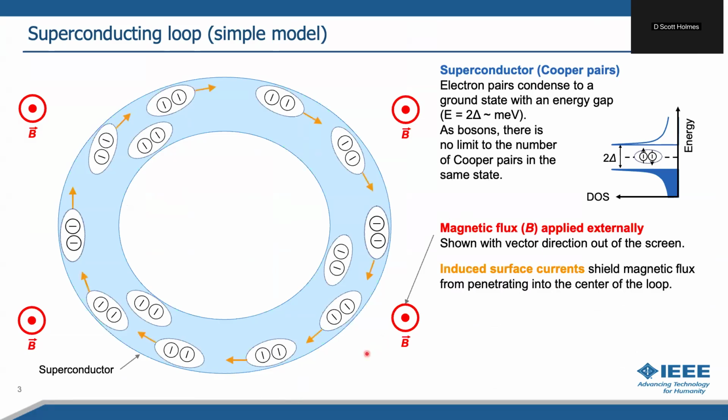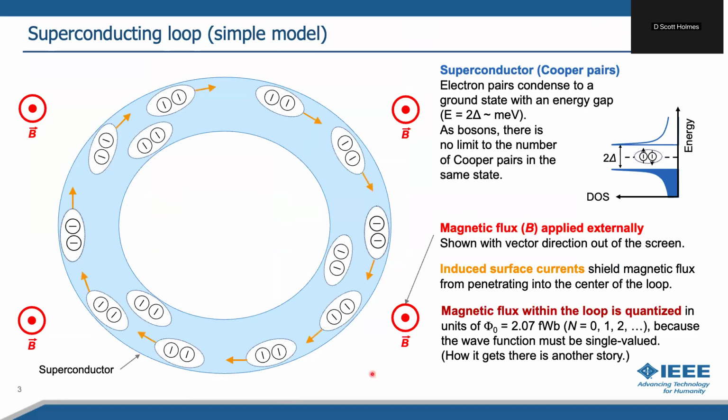This will induce a current in the Cooper pairs on the outside of the superconducting loop in the opposite direction to cancel, so there's no magnetic flux in the center of the loop.